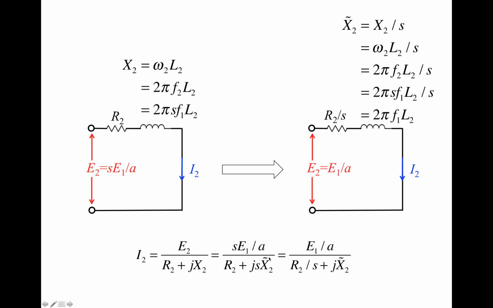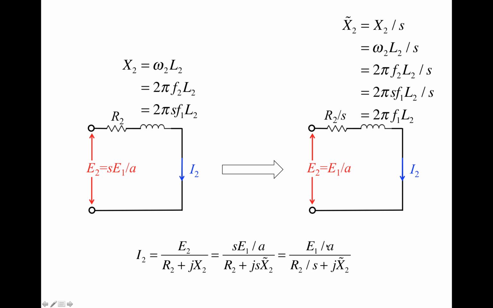Once we have done this replacement, we can cancel out the slip S from both the numerator and the denominator. The numerator becomes E1 divided by A, and the denominator becomes R2 divided by S plus J times X2 wiggle.